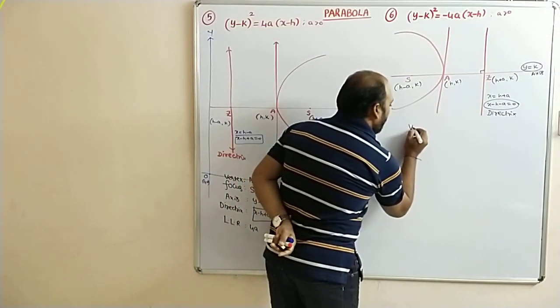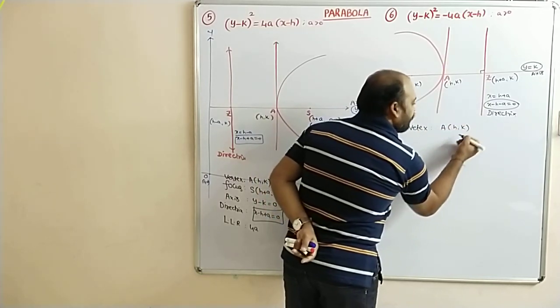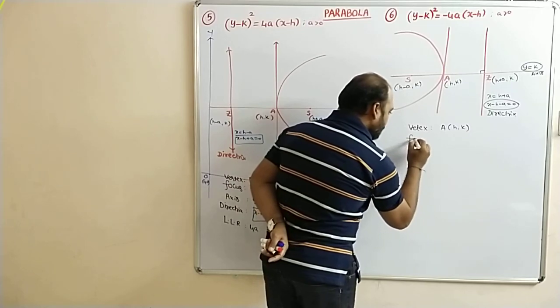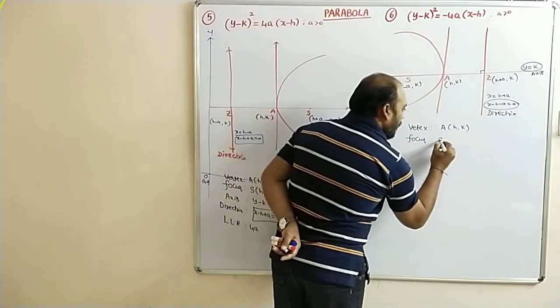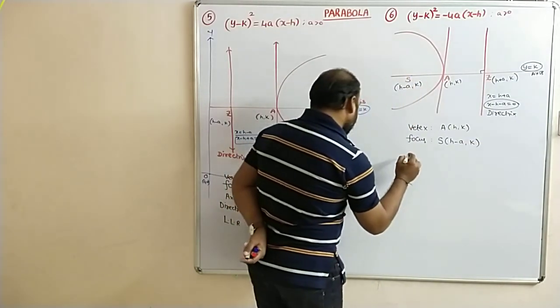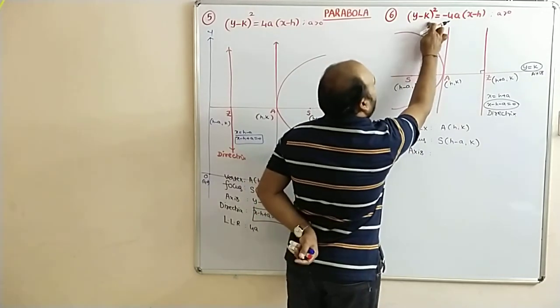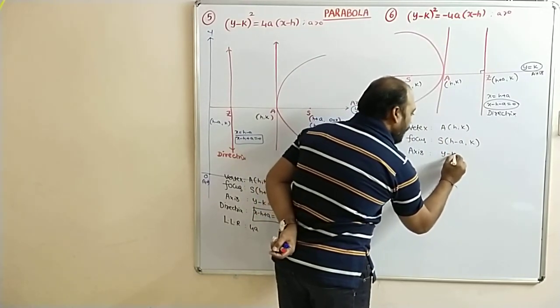Now one by one. Vertex A of h comma k. Focus S of h minus a comma k. And axis of the parabola: y minus k equal to 0 or y equal to k.